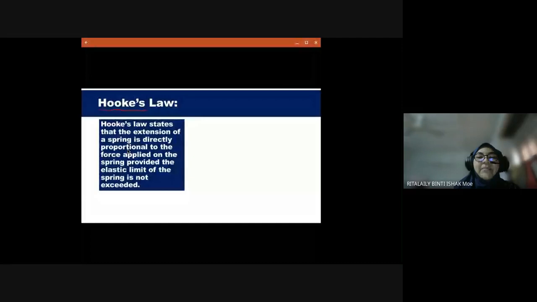Okay, so Hooke's law states that extension of spring is directly proportional to the force applied on the spring provided the elastic limit of the spring is not exceeded. Okay, so this is the definition of Hooke's law. Extension of spring directly proportional to force provided elastic limit is not exceeded.